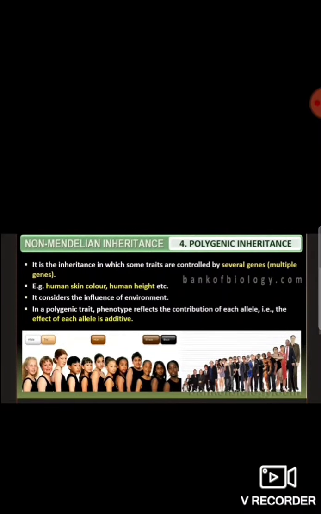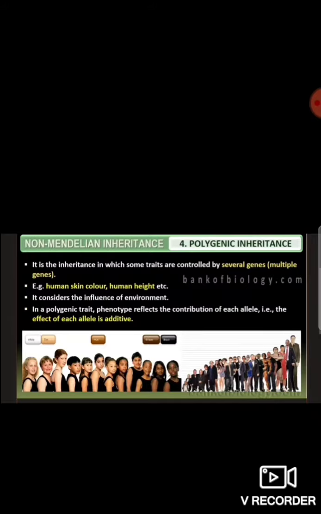Okay, so it considers the influence of environment. For example, somebody is having the genes for producing brown color, so their skin is a little brown. But they stay in a cold region, like Antarctic, where the heat or the sunlight is less.